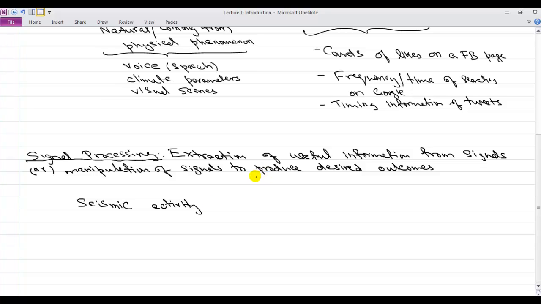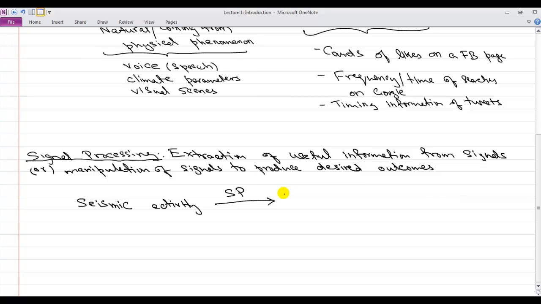Now, if that's a signal, signal processing can be used to extract what kind of information out of seismic data. It depends upon what application you are doing, but for example, one of the types of information you could extract is a tsunami, for example, coming to a region. Right? Is there a strong enough earthquake, and is there a danger of tsunami coming to a region?